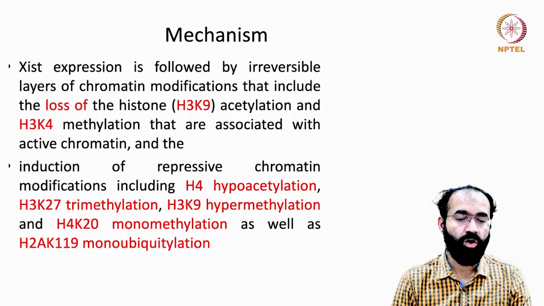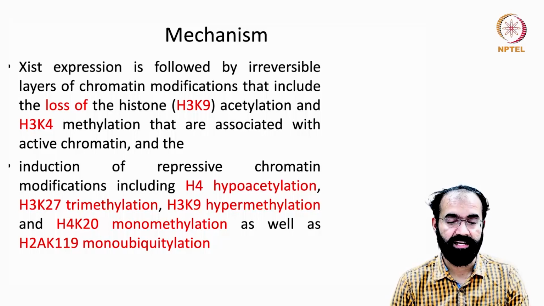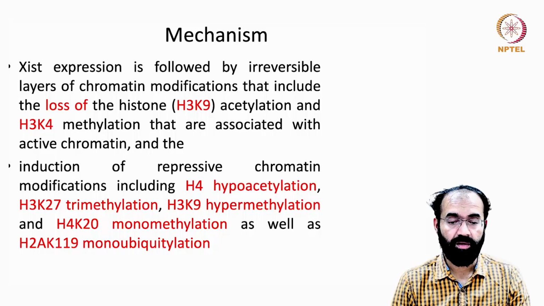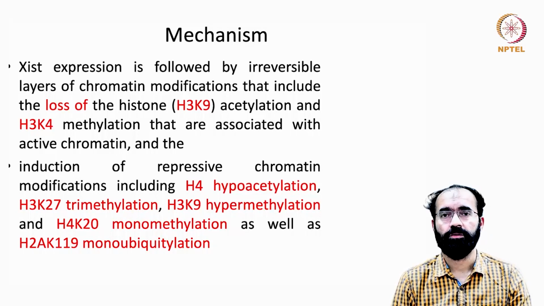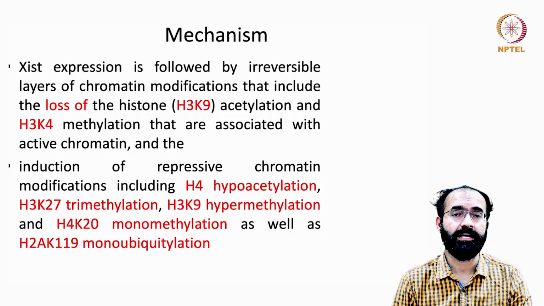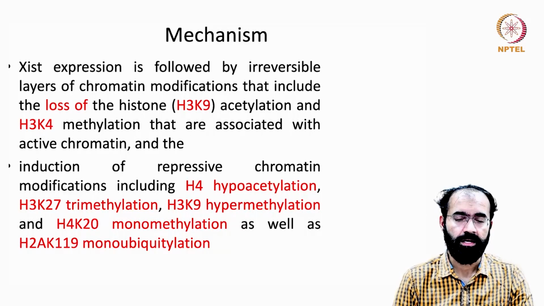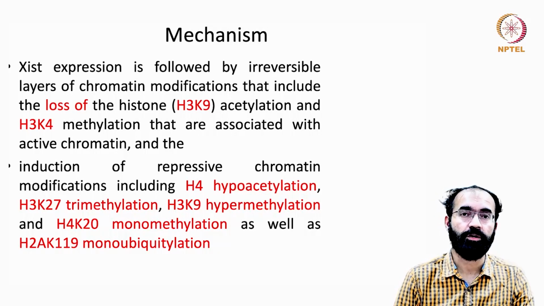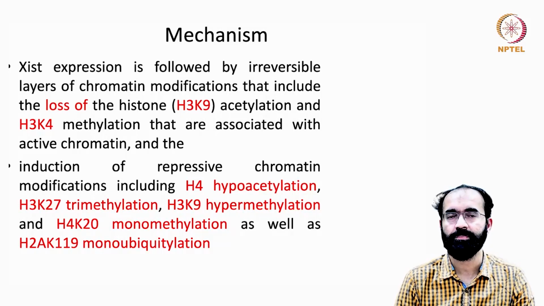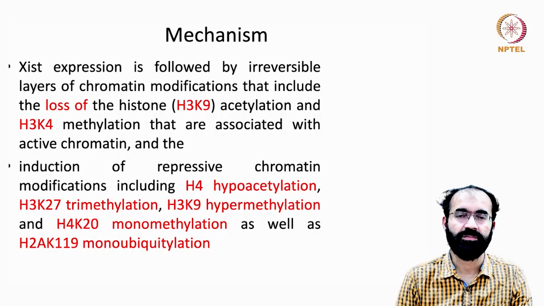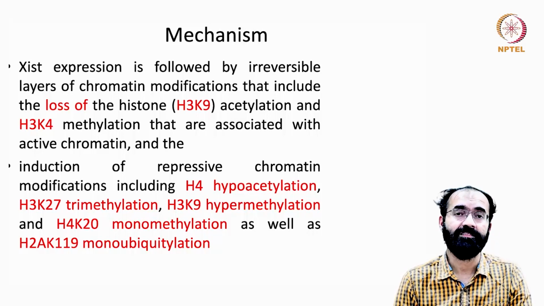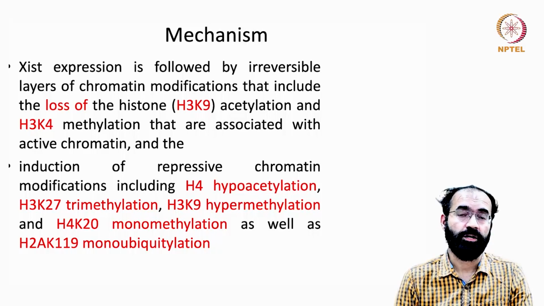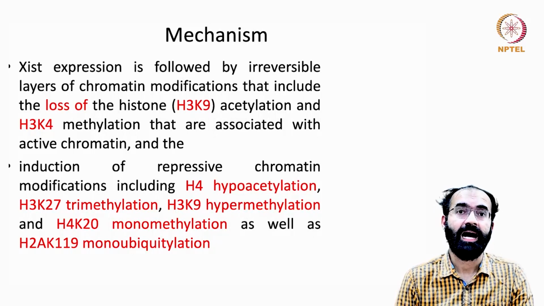So induction of repressive chromatin modifications including H4 hypoacetylation. You may have heard about hyper and hypo. If you say that person is hyper, that means that person is overacting or overreacting. Or you may have heard about hypothyroidism or hyperthyroidism. Many people who are a little lethargic, very lazy, there is a possibility that they have low thyroid level, and we often refer to them as hypothyroidism.